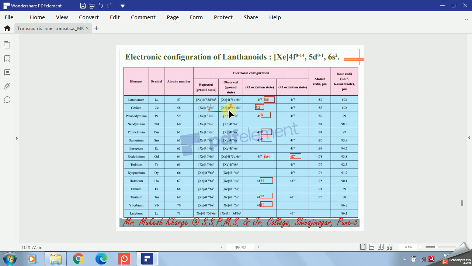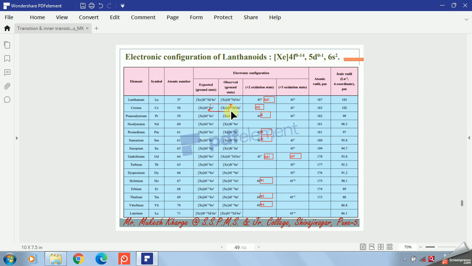So xenon 54, then 4 more electrons are to be added. 2 electrons are added in 6s, 1 electron in 5d and 1 electron in 4f. This is our expectation, because in lanthanum 1 electron is added in 5d. Similarly we can add 1 electron in 5d here and the remaining 1 electron is added in 4f.